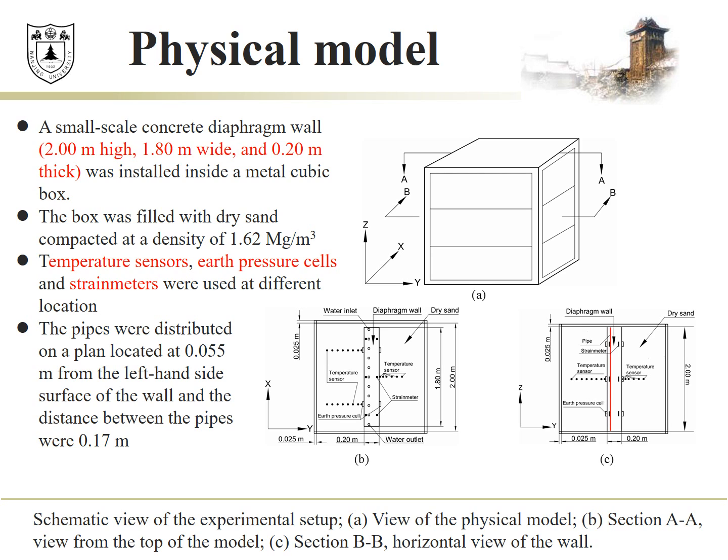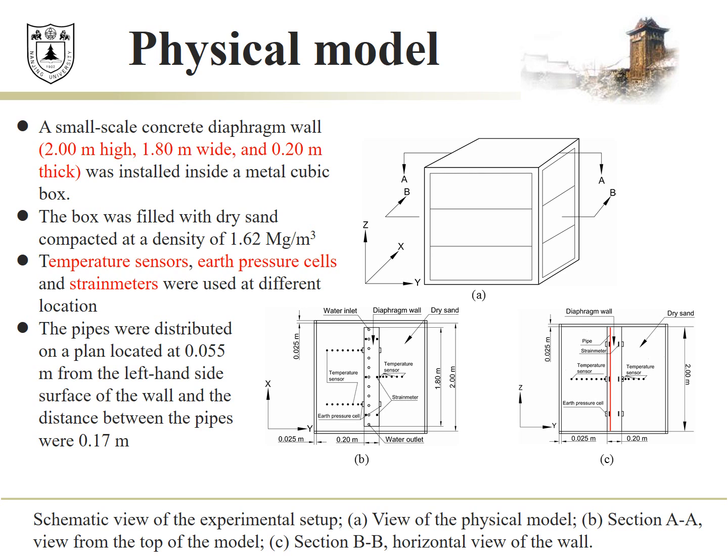The temperature in the soil was measured at various locations situated at 1 meter depth. At this depth, the temperature sensors were distributed in 3 lines, 2 on the left side and 1 on the right-hand side. That allows measuring the soil temperature at different distances from the diaphragm wall surface at the same depth.